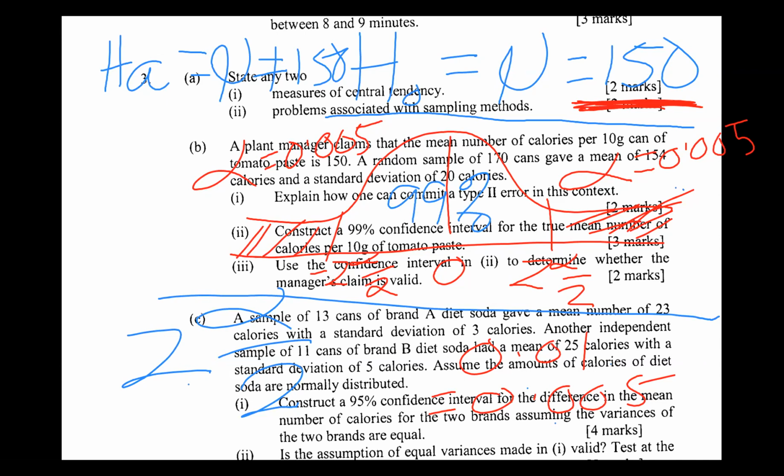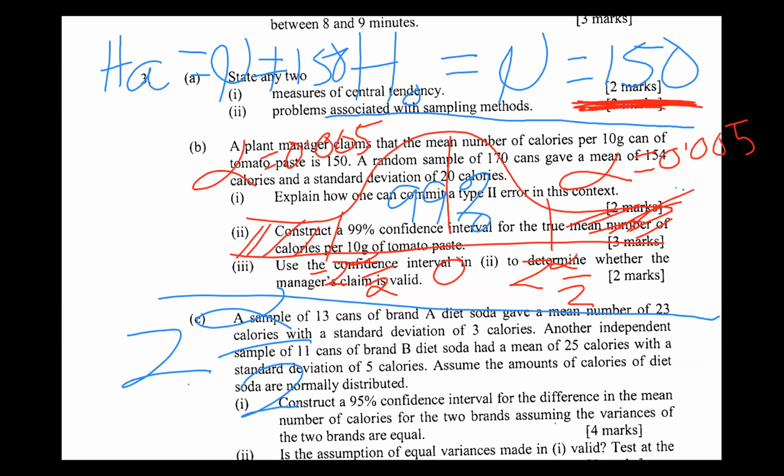Sir, Madam, I wanted to find out, how do you tell in a question that this is supposed to be a double-tailed? Oh, okay. When you get the question like the way it says that the mean, the hypothesized value, in this case, it is the mean. The hypothesized value is 150. Once you find the word is, it means equal, right?